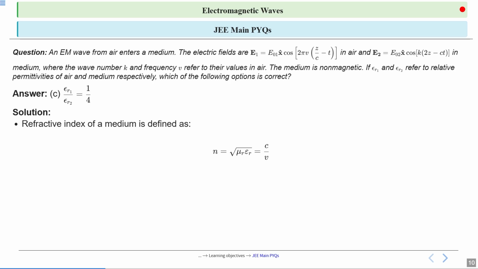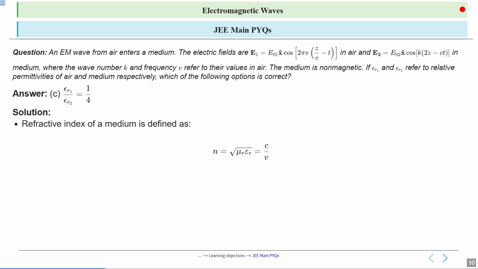The refractive index of any medium is given by the ratio of speed in the vacuum or air to the speed in that medium.